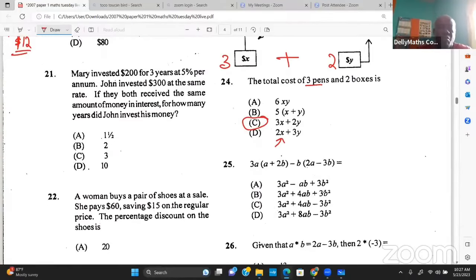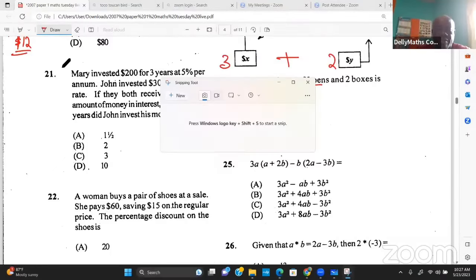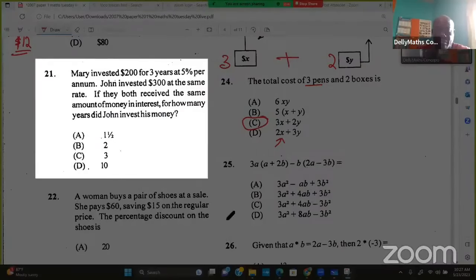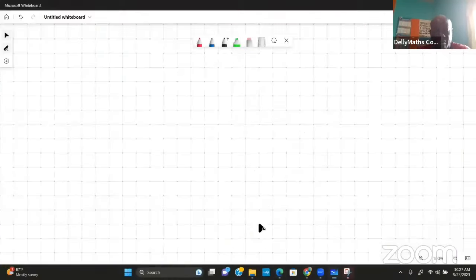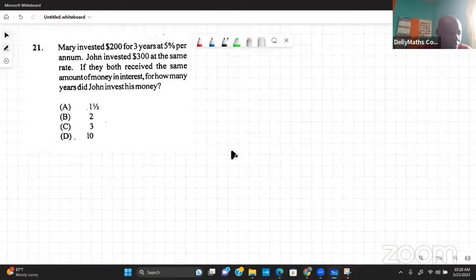21. Mary invested. So we're saying here 21. Mary invested. I might need a little space. All right, I just wanted some space to work.